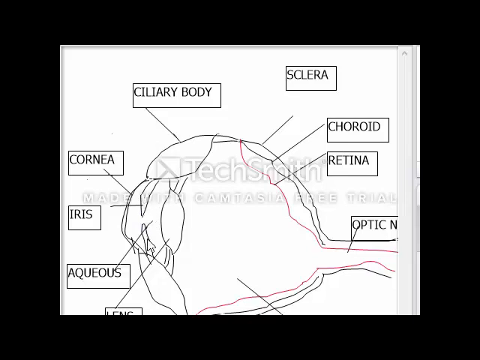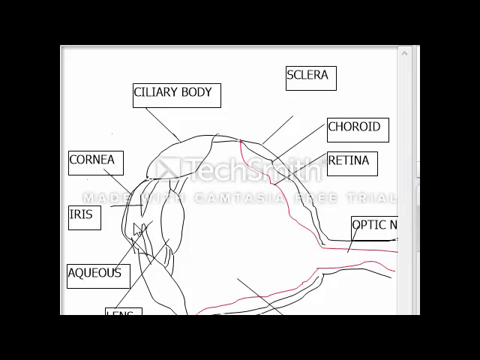This iris is a continuation of the uveal tract, the ciliary body, and it divides the anterior compartment into the anterior chamber and the posterior chamber. They contain aqueous humor, and this aqueous humor is produced from the ciliary body. Having been produced, it comes into the posterior chamber. From there, it will exit through the opening that is called the pupil, and then into the anterior chamber.